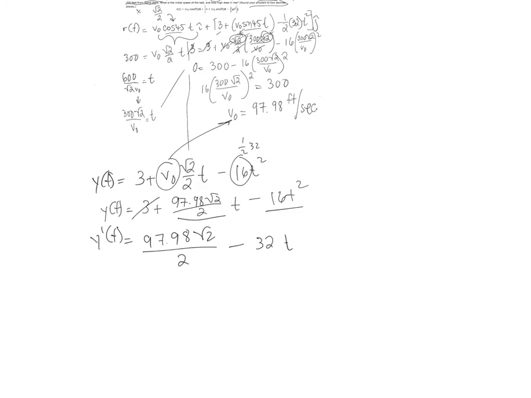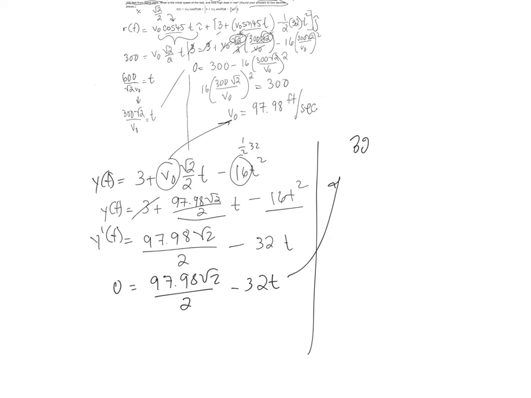So then you can solve for t when the equation equals 0. So you set 0 equal to 97.98 root 2 over 2 minus 32t. So 32t equal to 97.98 root 2 over 2.